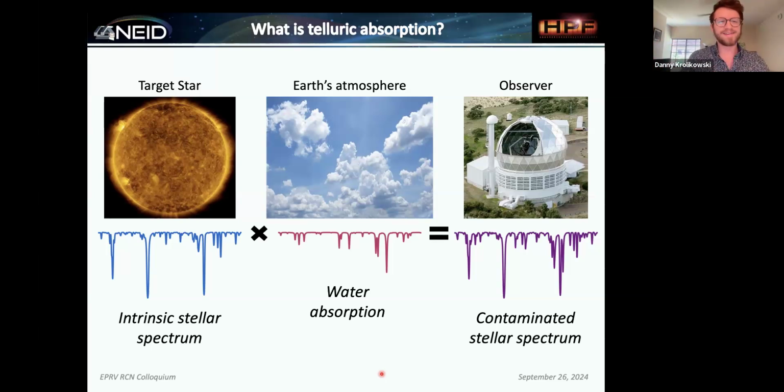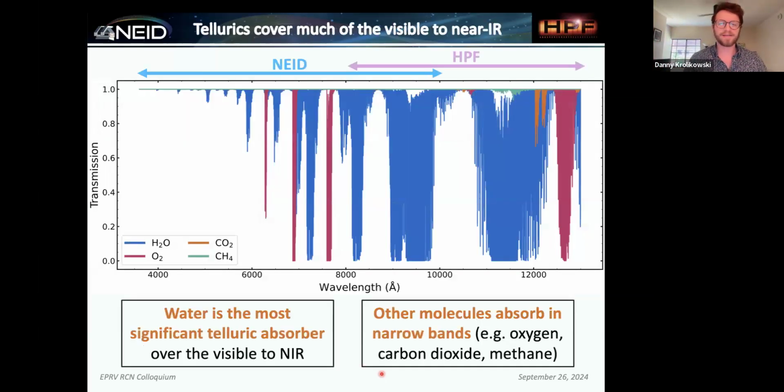This is quite a widespread problem across the spectral bandpass that we're normally interested in. Here I show the full range of visible through near infrared. Really, these are the NEID and HPF bandpasses, and transmission through Earth's atmosphere for multiple molecules.